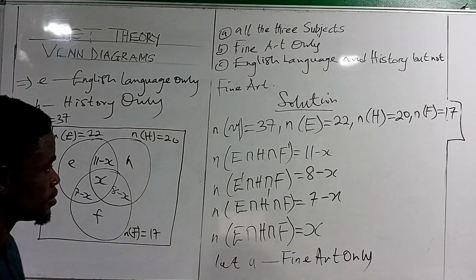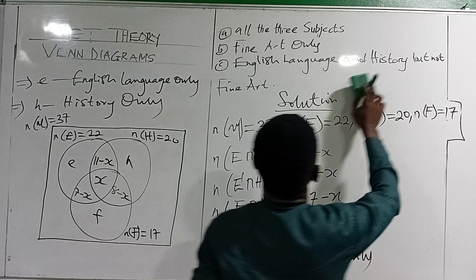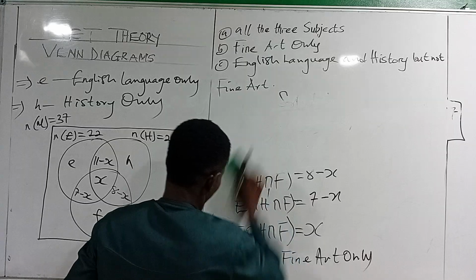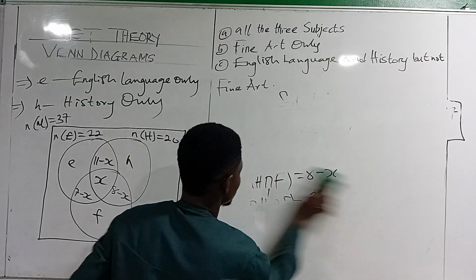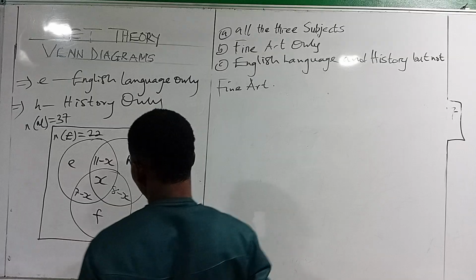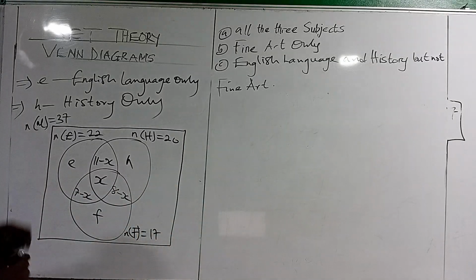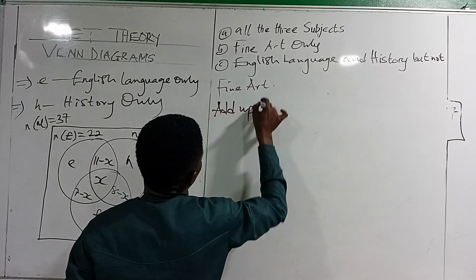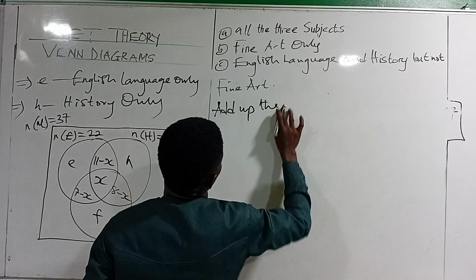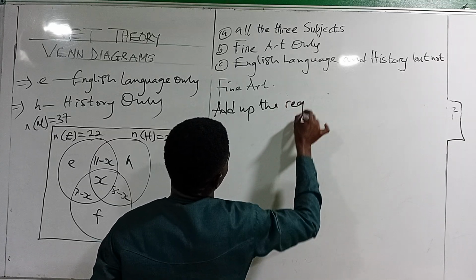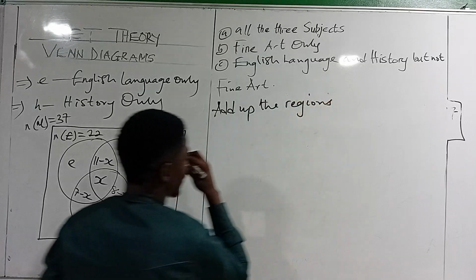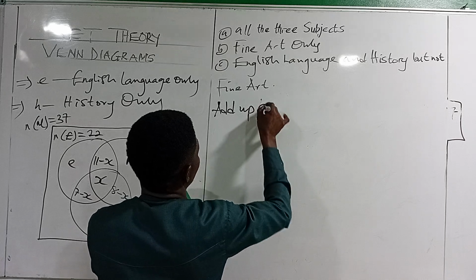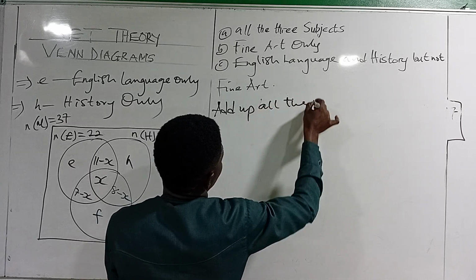Okay? So before we can get this B now, we must know this x. And how do we obtain this x now? That is our major concern. So we need to add up all the regions together.